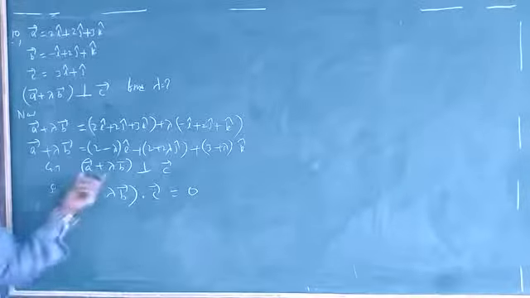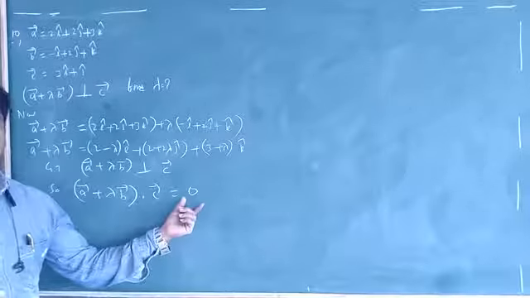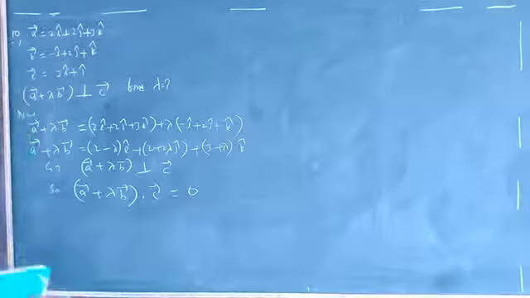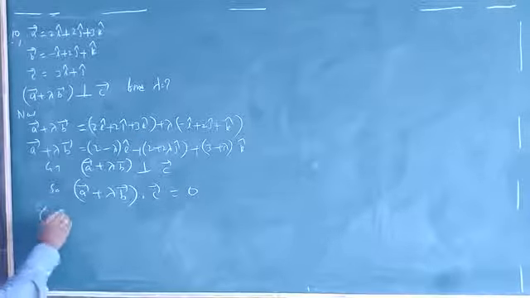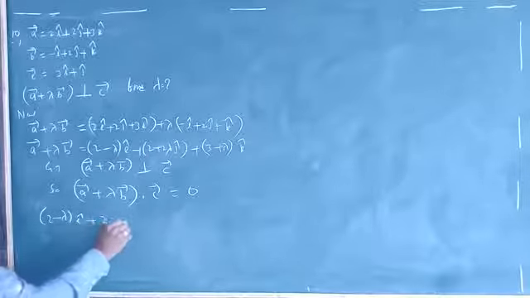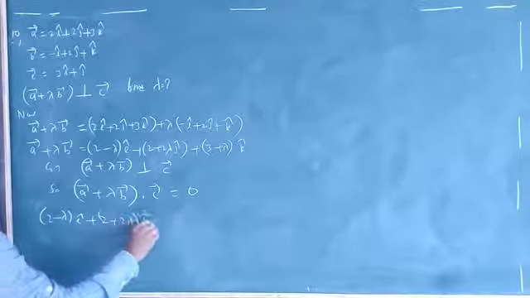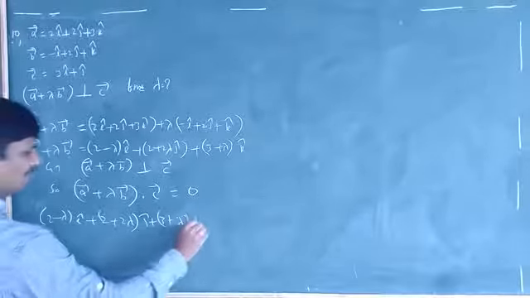Find their dot product. What is a bar plus lambda b bar vector? (2 minus lambda) i cap plus (2 plus 2 lambda) j cap plus (3 plus lambda) k cap.